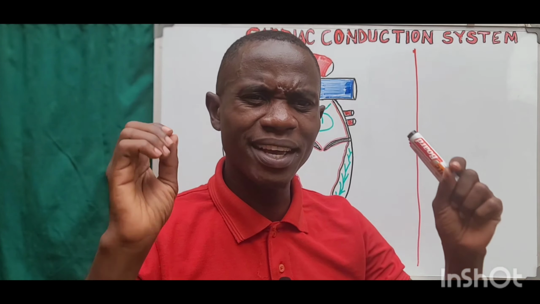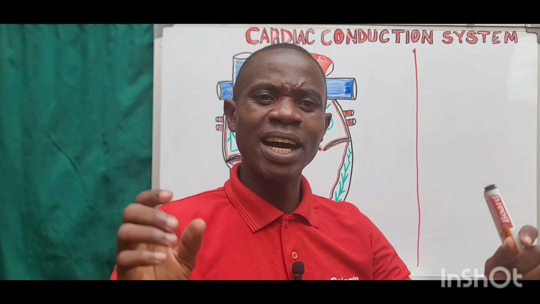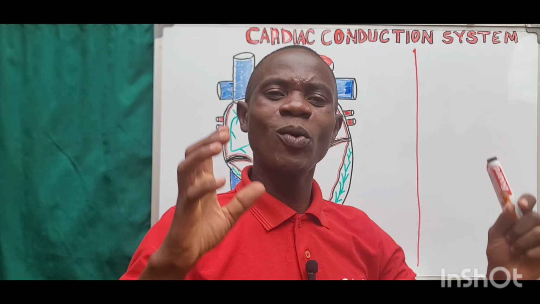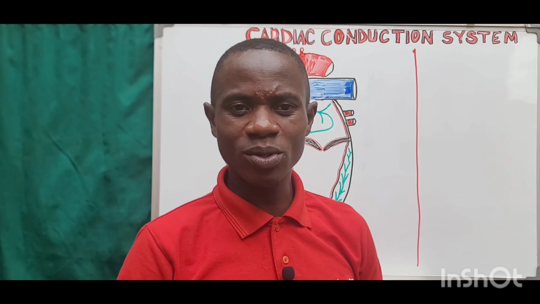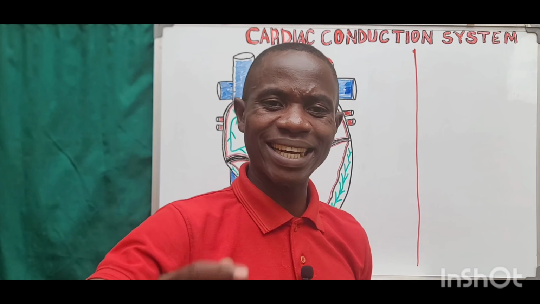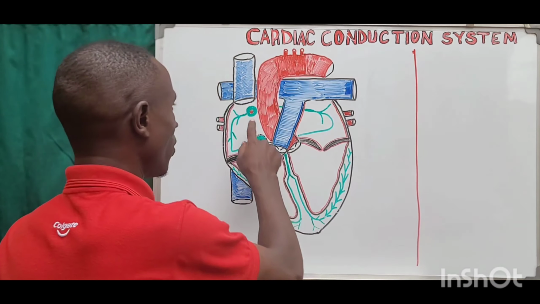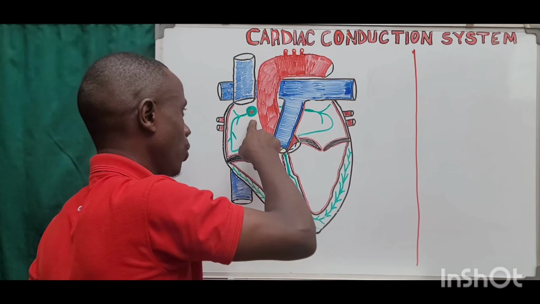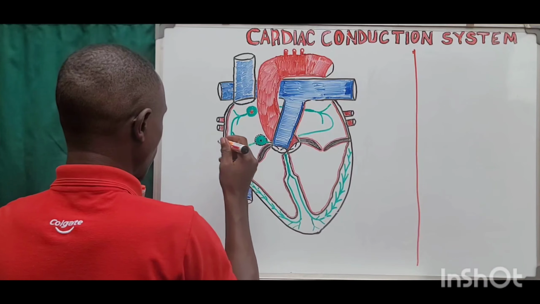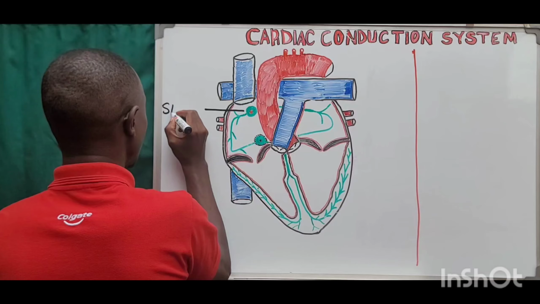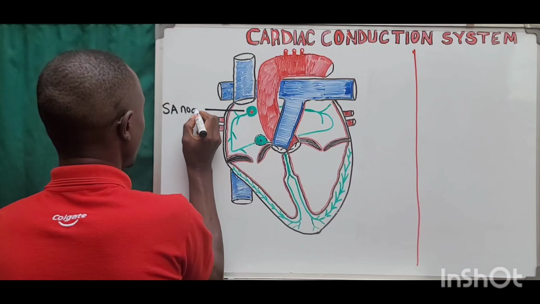That's where you have a specialized structure which sets the sinus rhythm, sometimes named the natural pacemaker. That structure is the SA node, the sinoatrial node.